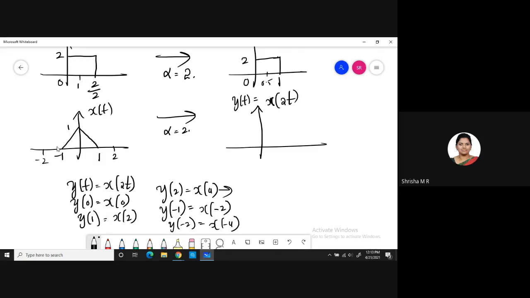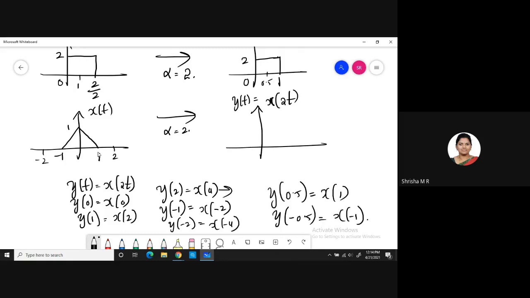But we can take one intermediate value. Midway between -1 to 0 and 0 to 1, you have -0.5 and +0.5. So y of 0.5 will be x of 1, and y of -0.5 would be x of -1.